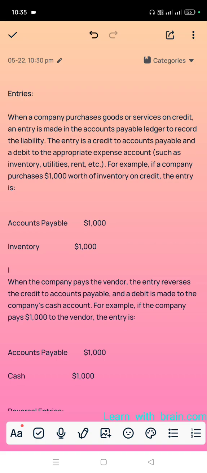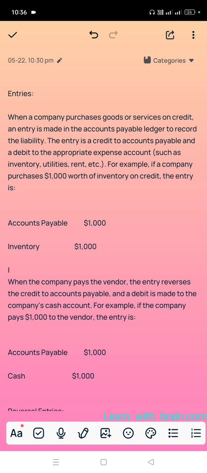The entry is a credit to accounts payable and a debit to the appropriate expense account, such as inventory, utilities, rent, etc. We credit accounts payable because liabilities are credited, and we debit the appropriate expense account, because as per the nominal account rule we debit expenses.